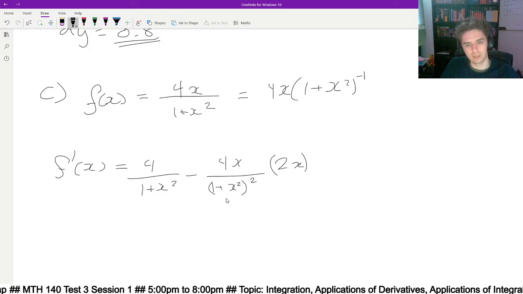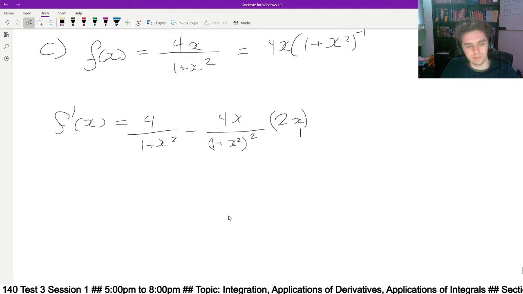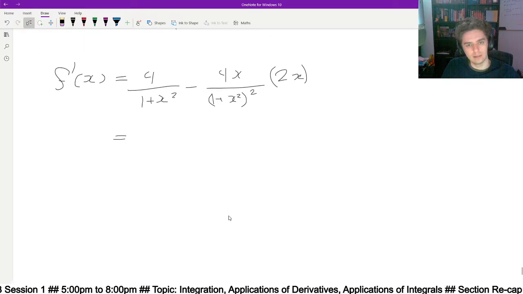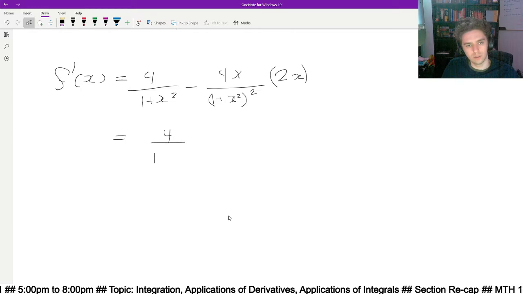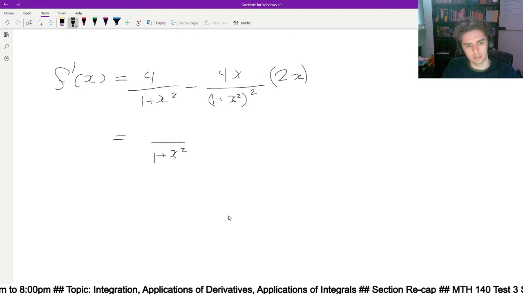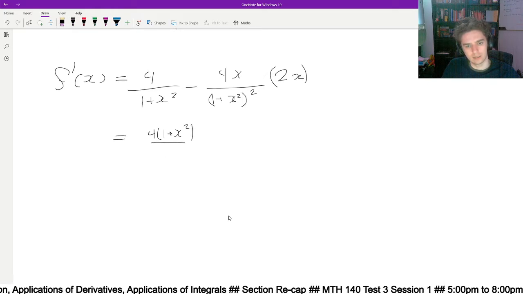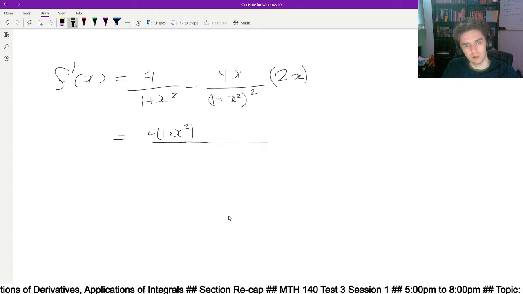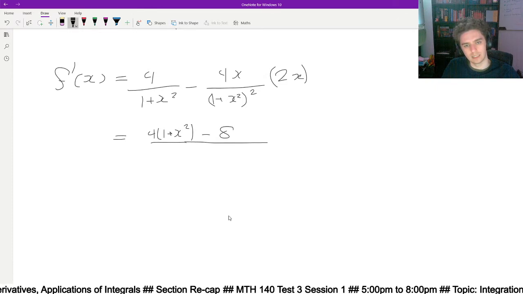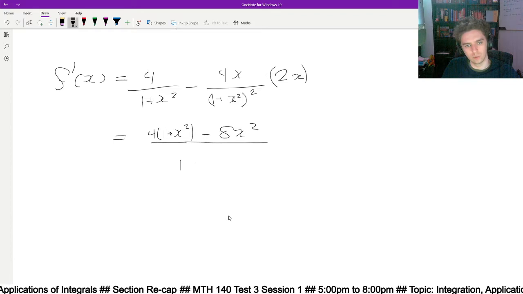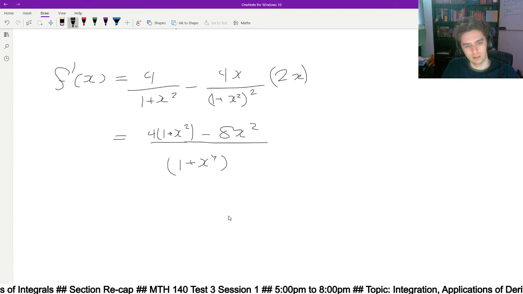So this is 4 times 1 plus x squared, over, so this is going to be minus 8x squared over 1 plus x squared.